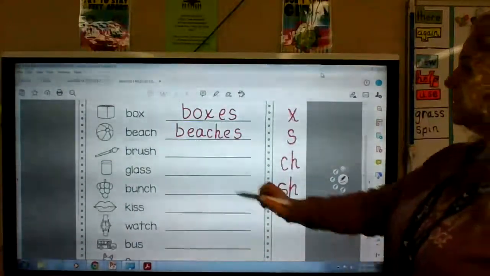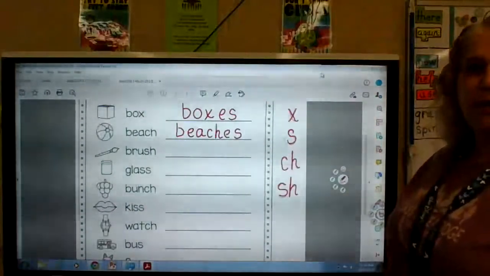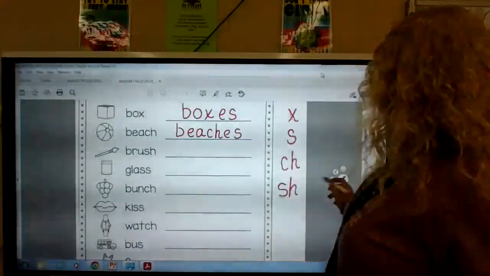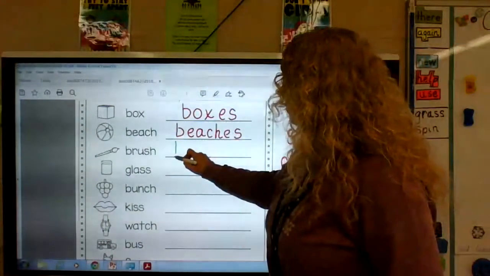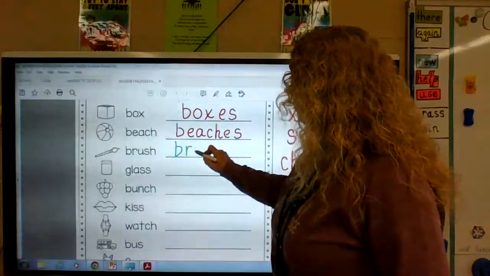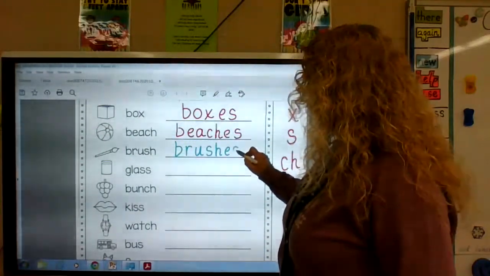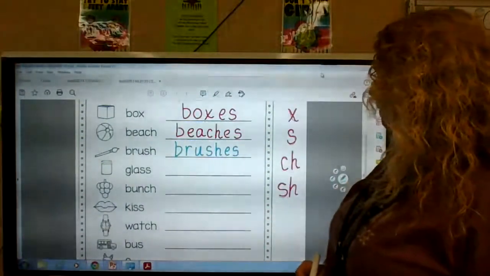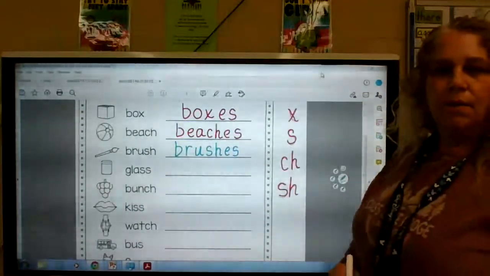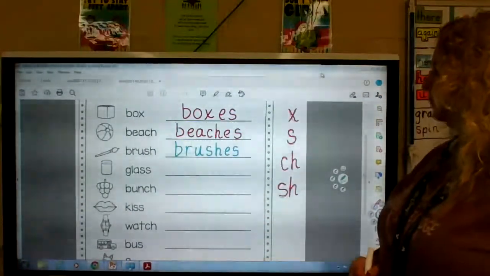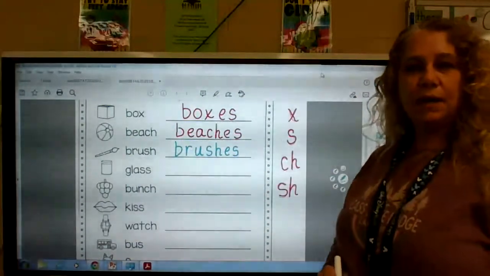Okay, the next one is a brush. Yes, that ends in SH, so we need ES. Brushes. Glass, we add an ES.